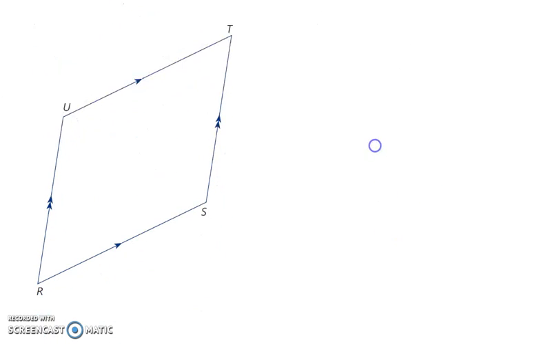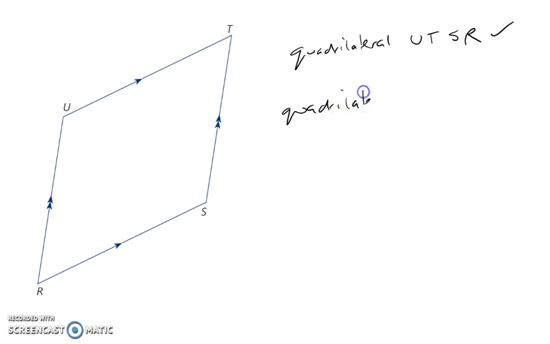Okay, so in this example, we have a quadrilateral. There's 4 sides, so it's called a quadrilateral. We could call it the quadrilateral UTSR. You could also call it the quadrilateral RUTS, SRUT, but you couldn't call it quadrilateral USTR.